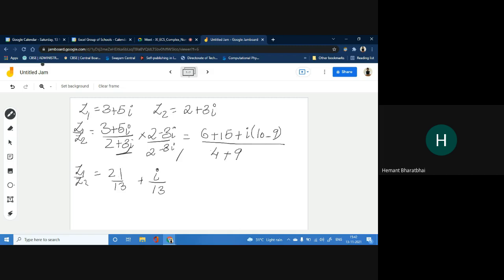Now let's see what happens if I divide a complex number with its conjugate. We've seen what happens when I multiply a complex number with its conjugate, when I add a complex number with its conjugate, when I subtract a complex number with its conjugate. Now let's see what will happen if I divide a complex number with its conjugate.